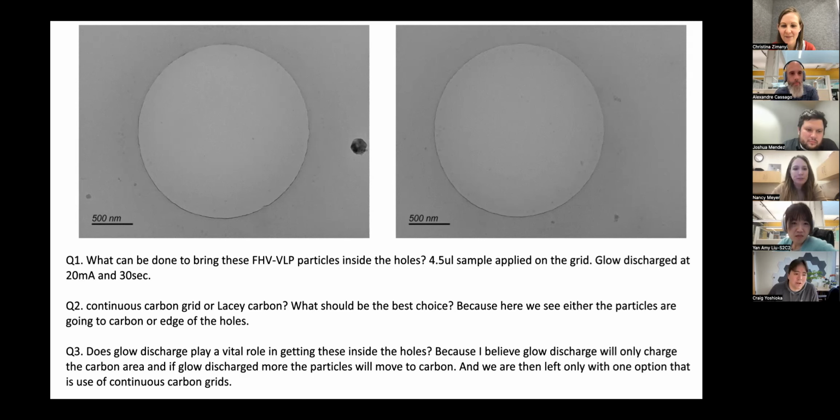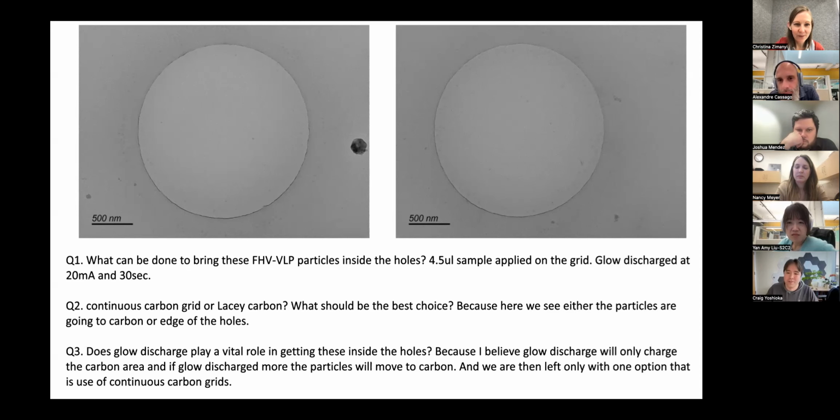Yeah, I think everyone makes a really good point, especially Alex, who made the point about looking over the carbon to try and figure out what's going on, whether the sample is being concentrated or just not concentrated enough. I always like to tell people, if they have never looked at it, to put in a grid of frozen buffer, just to gauge how clean carbon looks, because it looks quite clean.